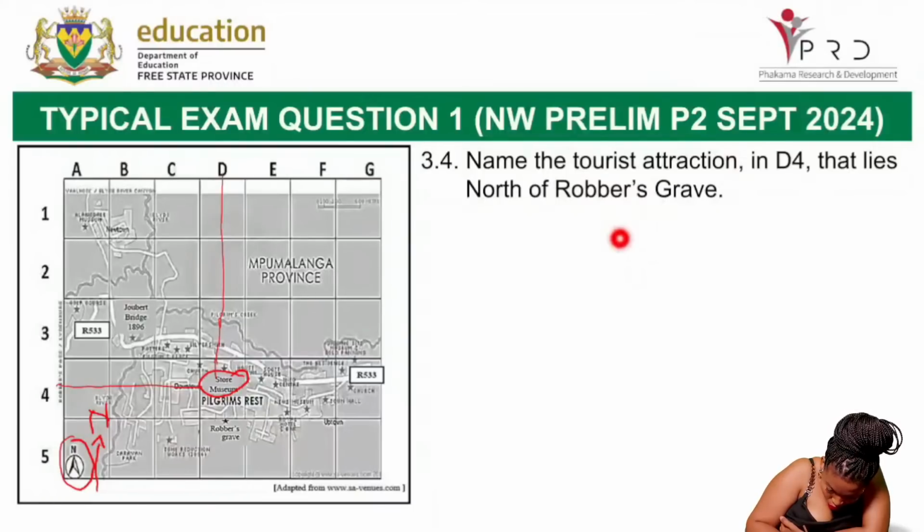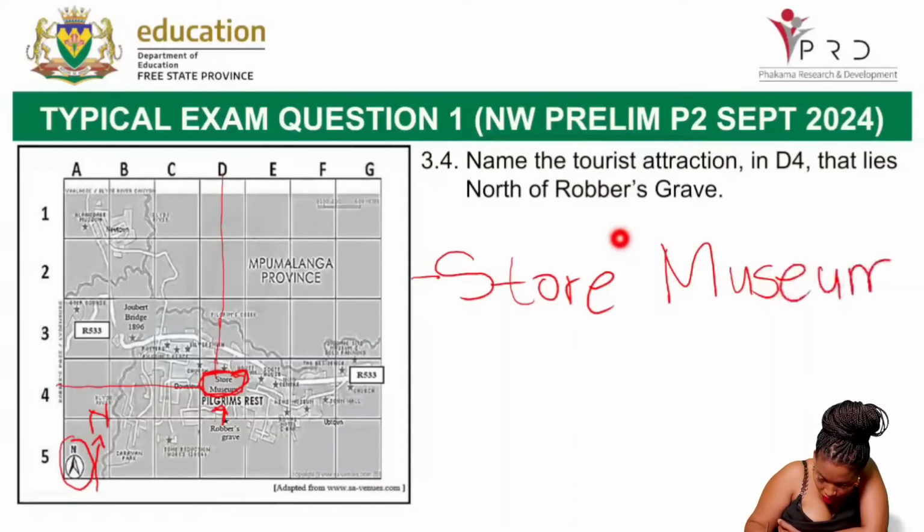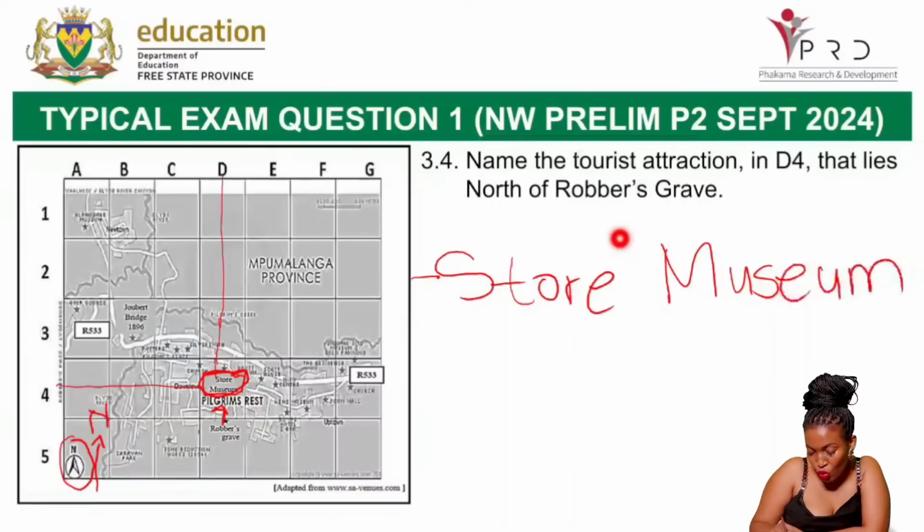This is Robbers Grave. North means on top of it. So we are looking at this place here. If you cannot see it, it is the Store Museum. That is the name of a tourist attraction. A tourist attraction means places that people can visit, places of interest.